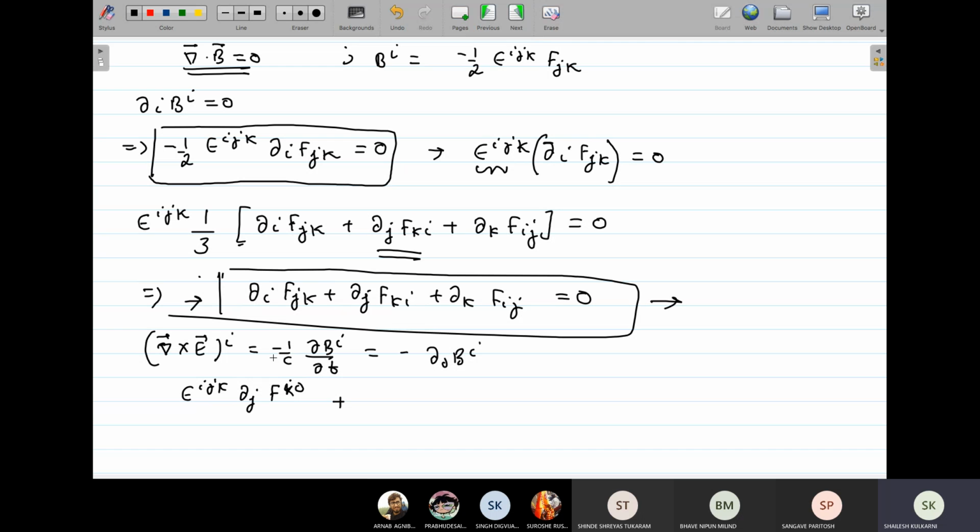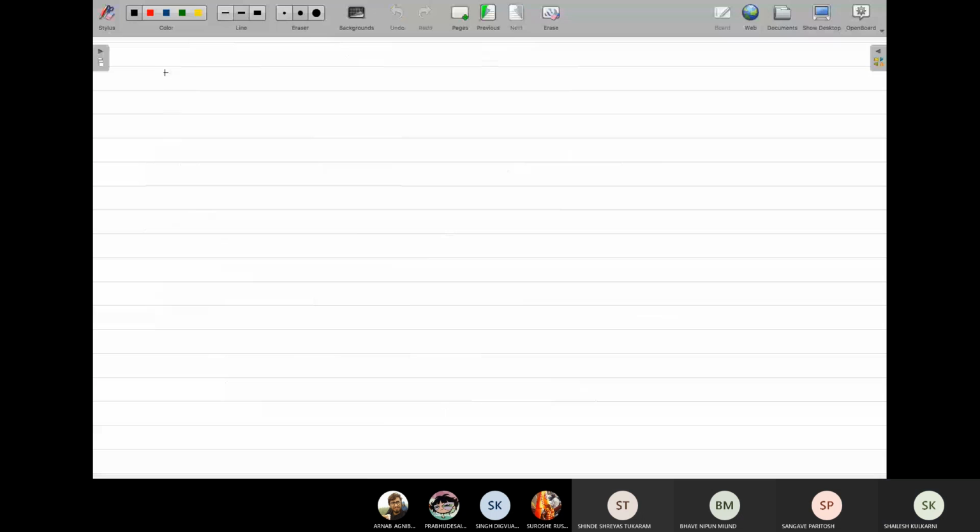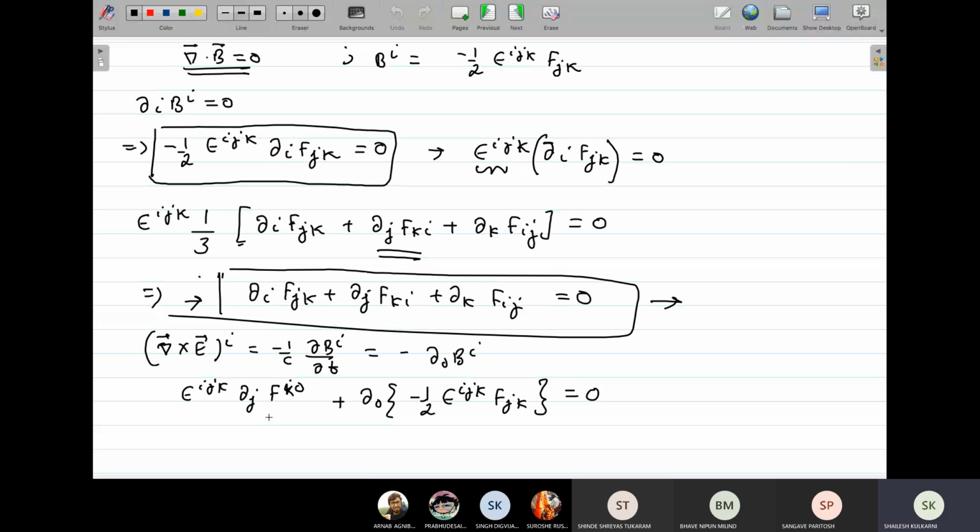Plus, I take this to the left-hand side, plus ∂_0 B_i, where B_i is minus half epsilon ijk f_jk. This is equal to 0. This implies twice epsilon ijk ∂_j f_k0, where ∂_j f_k0 is minus ∂_j f lower k0.